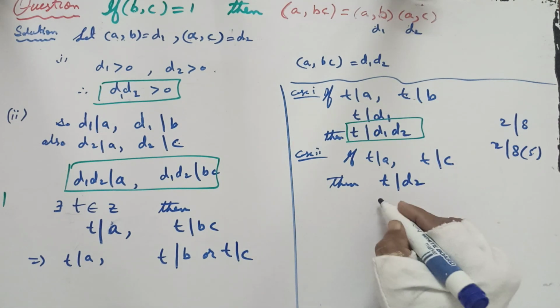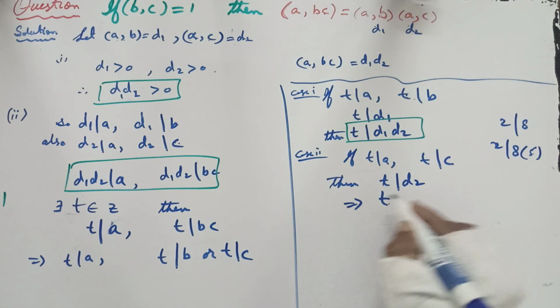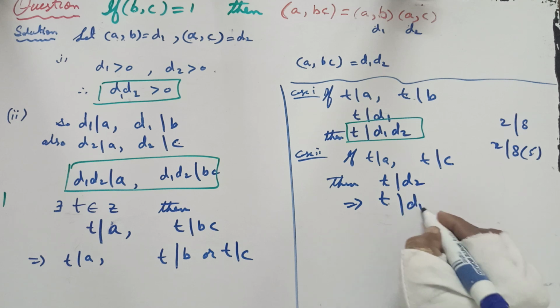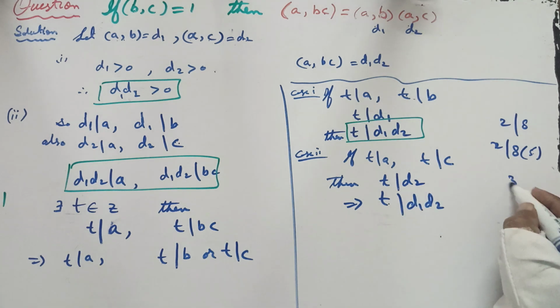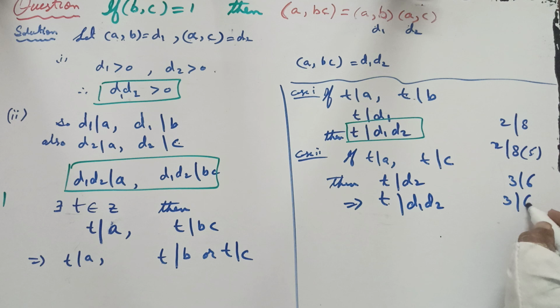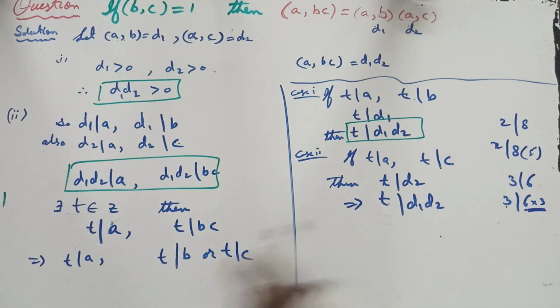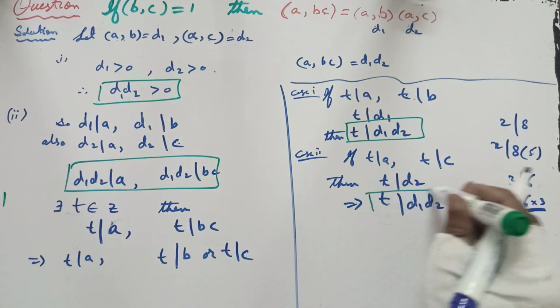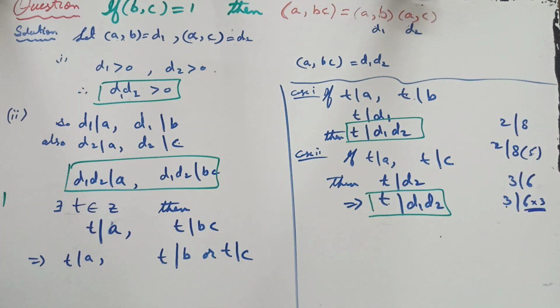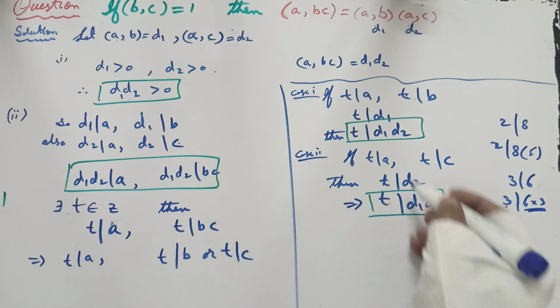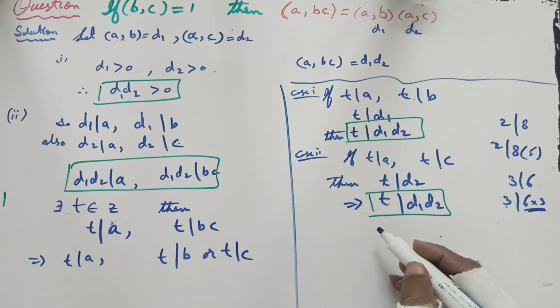D2. Which implies T must divide D1 D2. If 3 divides 6, and you multiply with any number, 3 must divide their product. So this is what we proved here. This is also the third condition for case second.